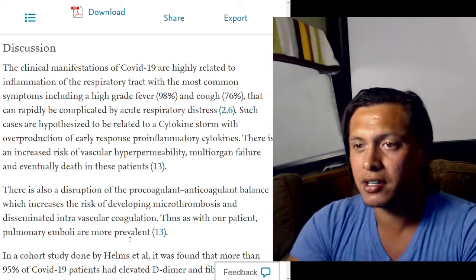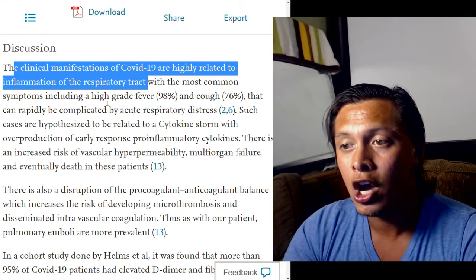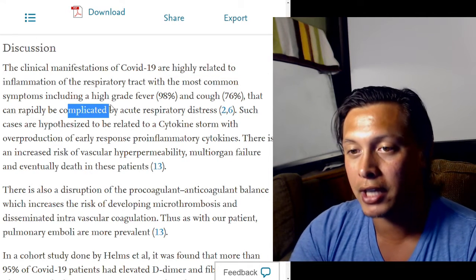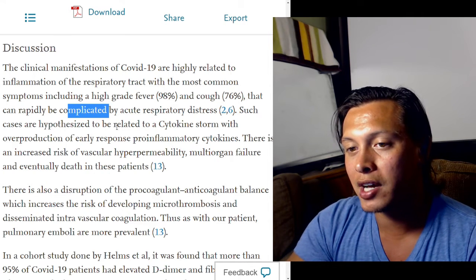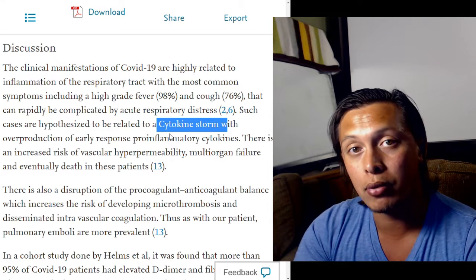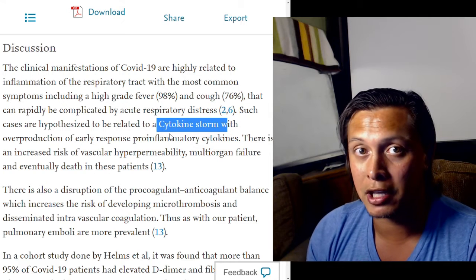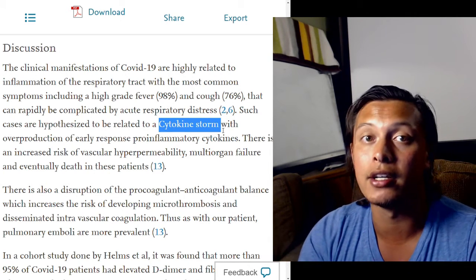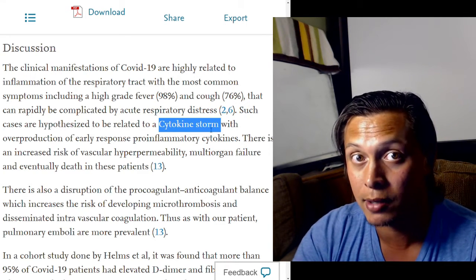The clinical manifestations of COVID-19 are highly related to inflammation of the respiratory tract, with the most common symptoms including a high-grade fever and cough that can rapidly be complicated by acute respiratory distress. So such cases are hypothesized to be related to a cytokine storm. So the cytokines are either pro or anti-inflammatory cellular signals, mostly released by the immune system, and a cytokine storm would be when that becomes dysregulated and can cause a hyper-pro-inflammatory state in the body.